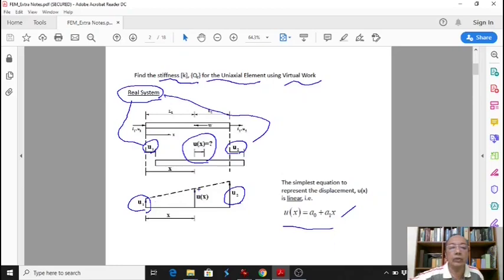We can connect U1 and U2 by a linear line, because we assume U of x is A0 plus A1 x.